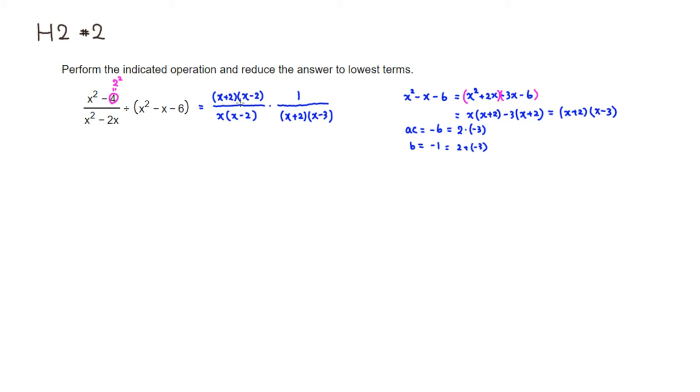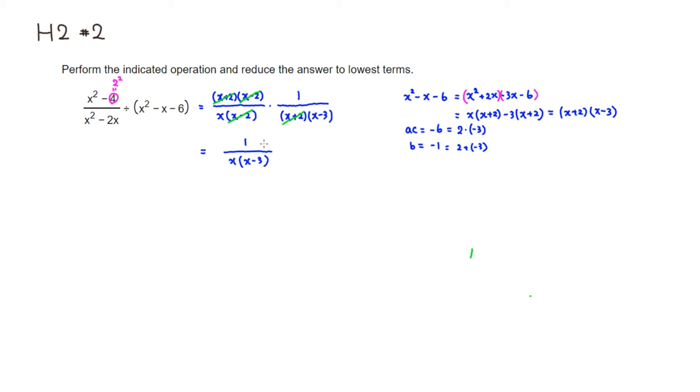You have x minus 2 on top and x minus 2 on the bottom, and there's also x plus 2 on top and x plus 2 on the bottom. So everything cancels out on top and there's going to be 1. On the denominator, you would have x times (x minus 3).